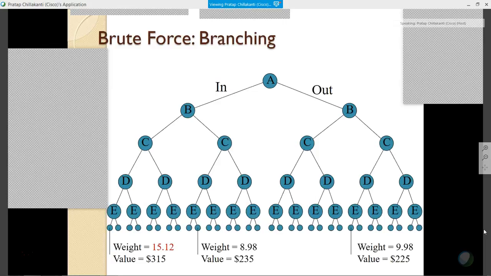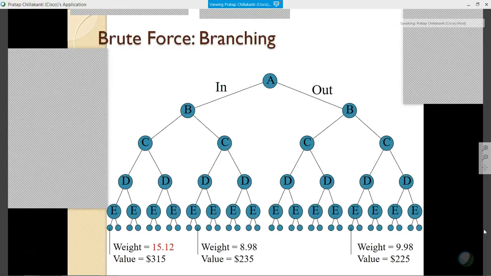Let's start over. We are starting with A. We are starting with A means A is already in the backpack. We took the very first item, put it there. Now we have a choice. Choice is the next item B. B can be in or B can be out. So B in is one branch, B out is another branch.